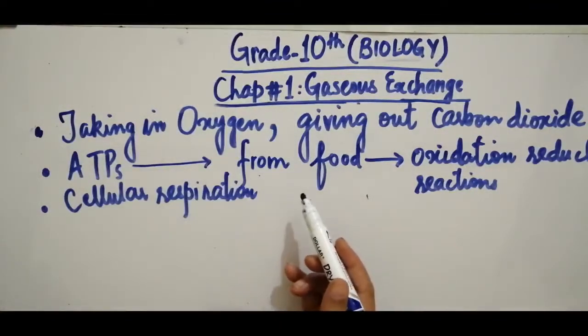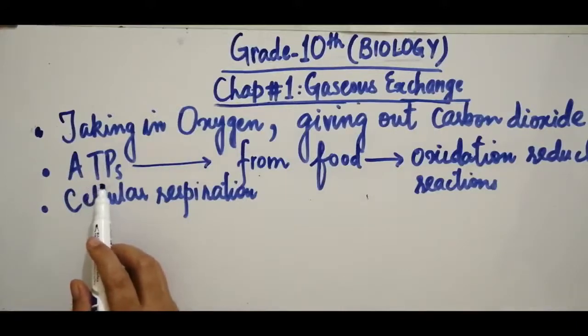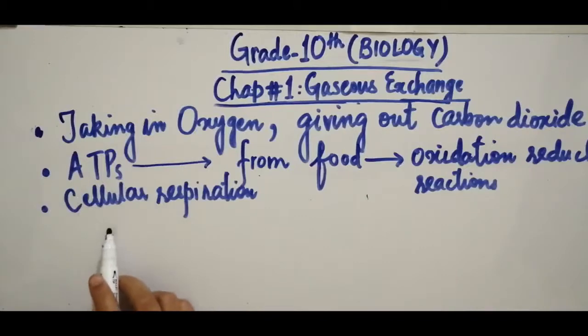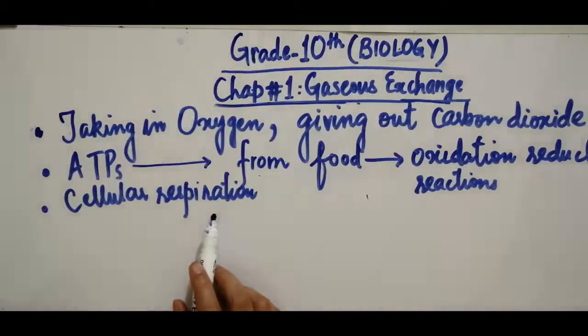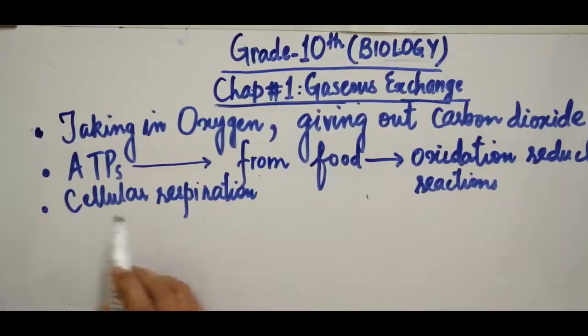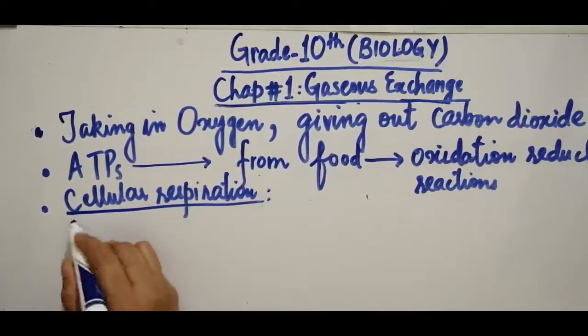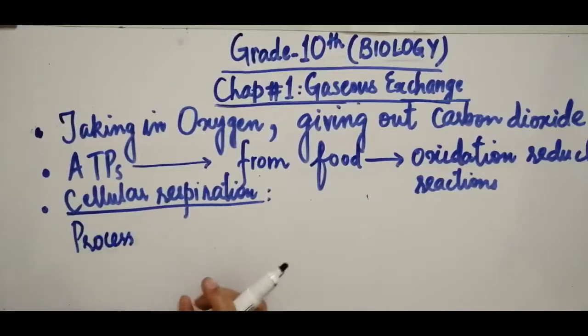They carry out their metabolism with the help of this high energy currency. Now I'm going to define cellular respiration. Basically, cellular respiration is the name of a process taking place in every living organism.